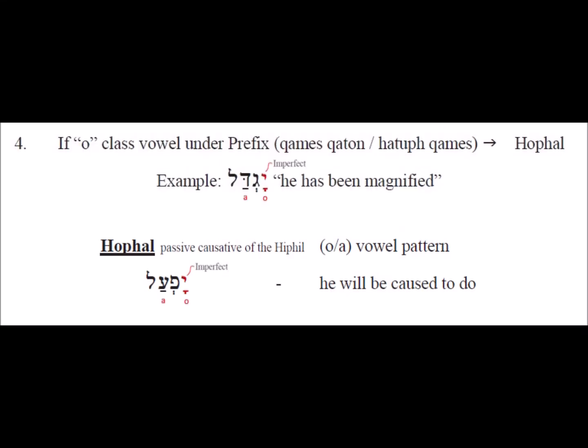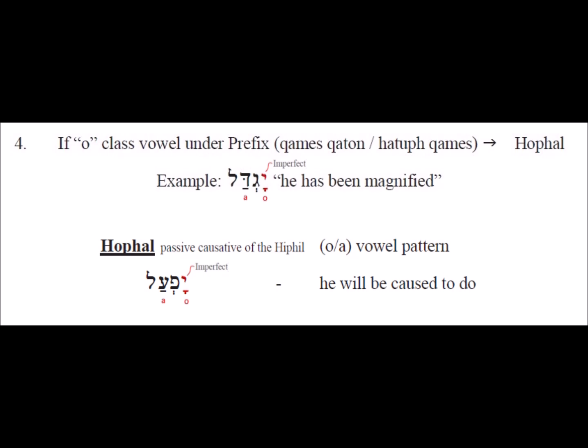Then, number 4, if it's an O-class vowel under the prefix, which is called a qamets qatan, or a qamets hatuf, you're going to have a Hophal imperfect: he has been magnified or caused to be great.